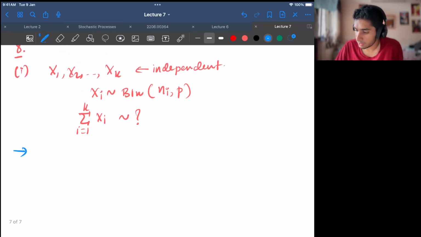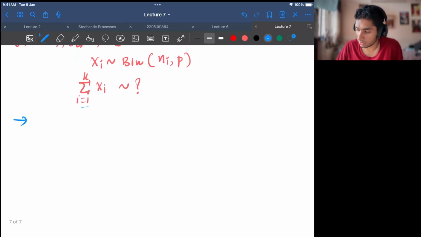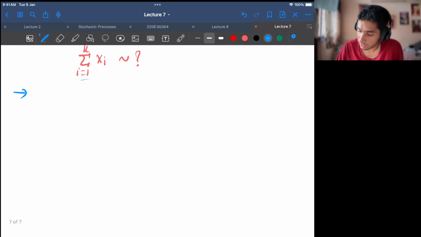Whenever you have to deal with the sum of random variables, it is preferred to look at the moment generating function of xi. So for a binomial distribution, what is the moment generating function at a point t? That is equal to, by definition, the expected value of e raised to t xi.